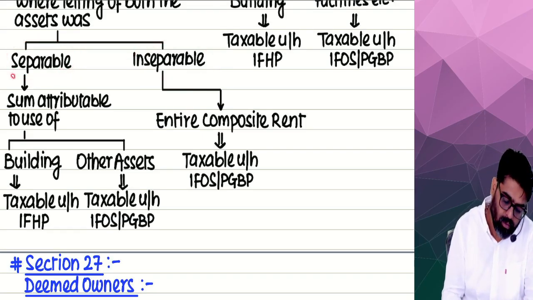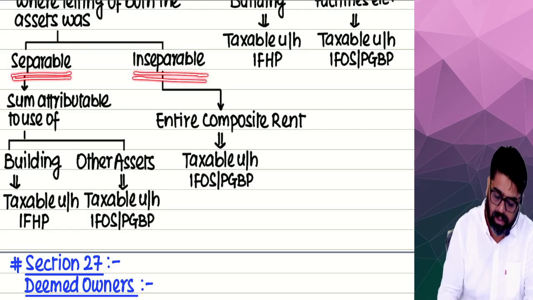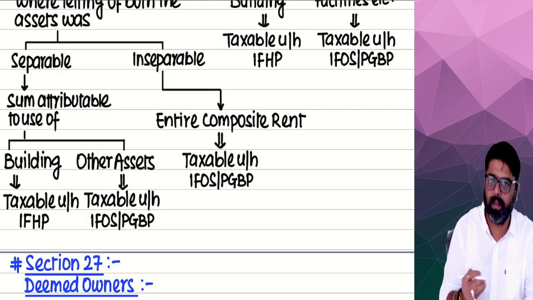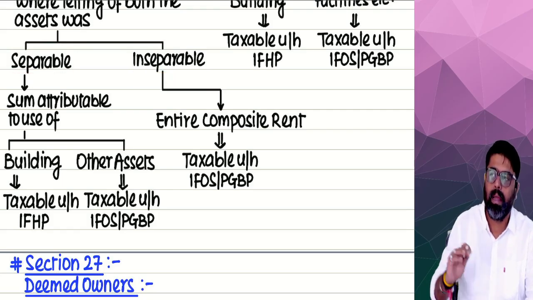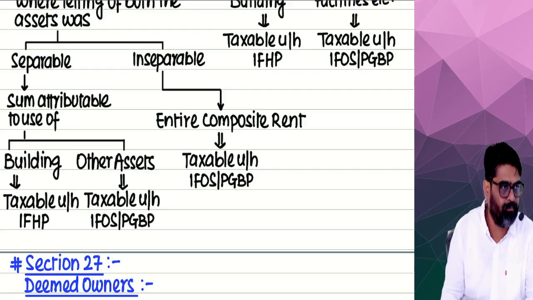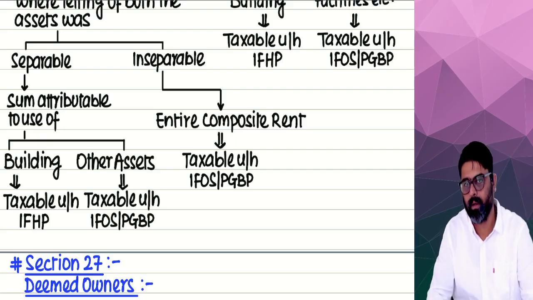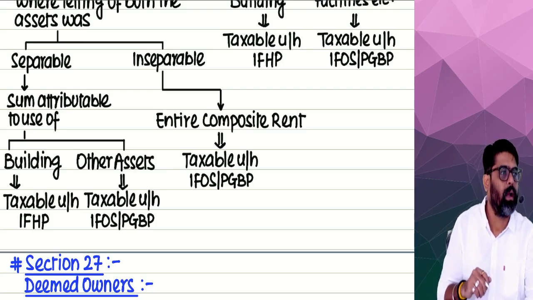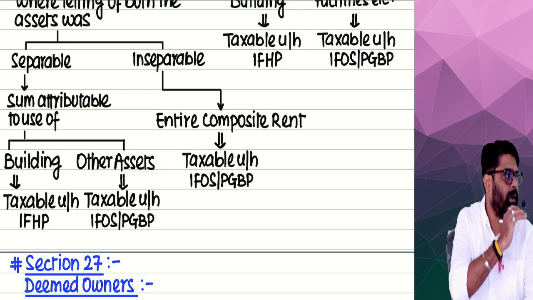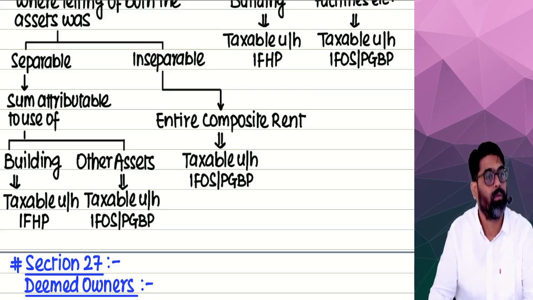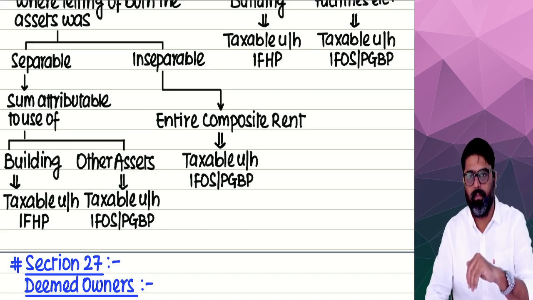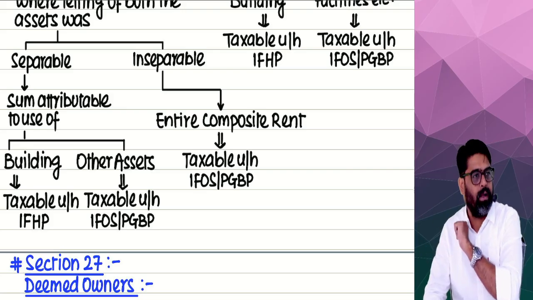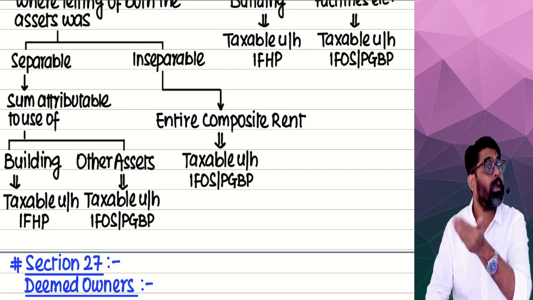Now, sir, give an example for separable letting and inseparable letting. For example, I have one flat in the nearby area that I am giving on rent. The flat is a 2 BHK flat, and I want to give it on rent for 40,000 rupees per month. Now, I have one car also. You came and saw the flat, you liked it, and you said, sir, I want to take the flat on rent.